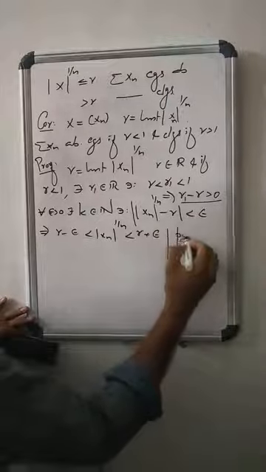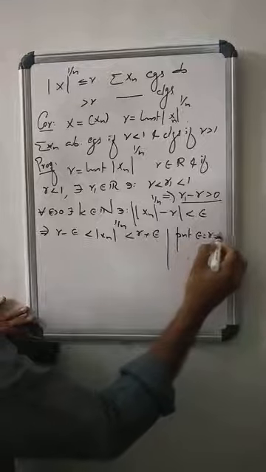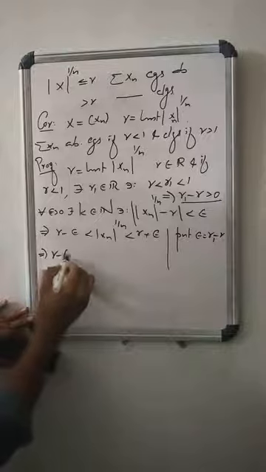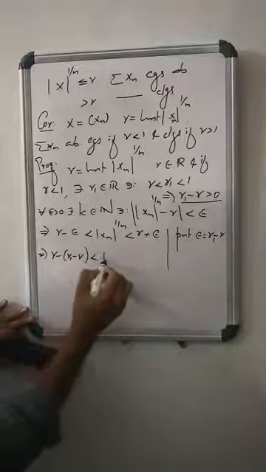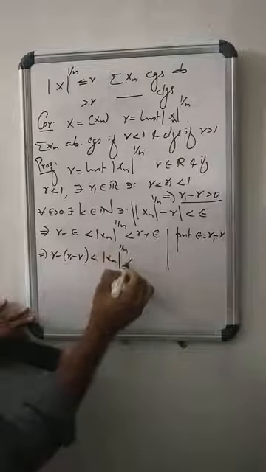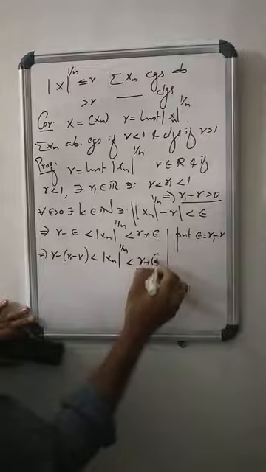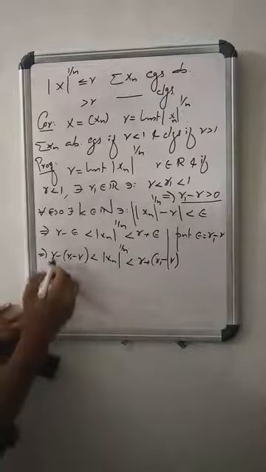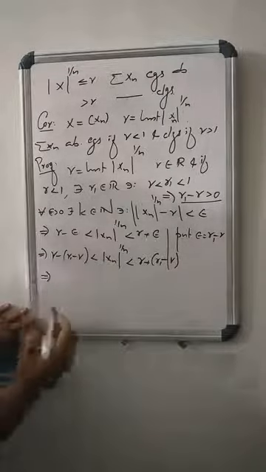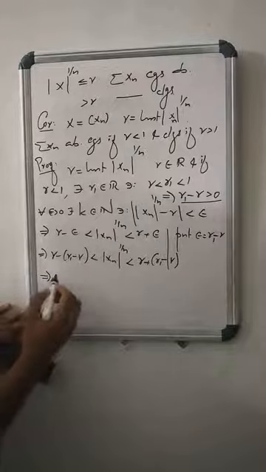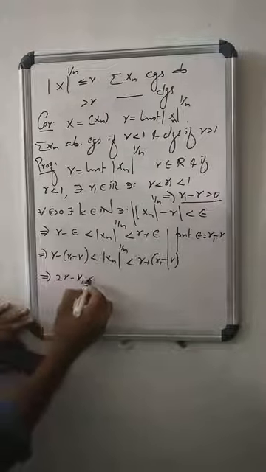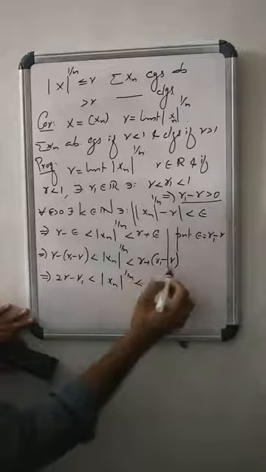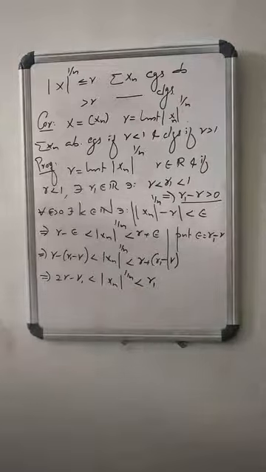Epsilon is a positive quantity, so put epsilon equals r1 minus r. Then r minus (r1 minus r) is strictly less than modulus of x_n power 1 by n, strictly less than r plus (r1 minus r). That means 2r minus r1 is strictly less than modulus of x_n power 1 by n, strictly less than r1, the r and minus r cancelling each other.